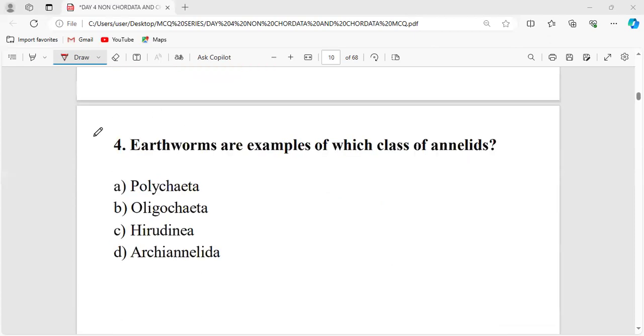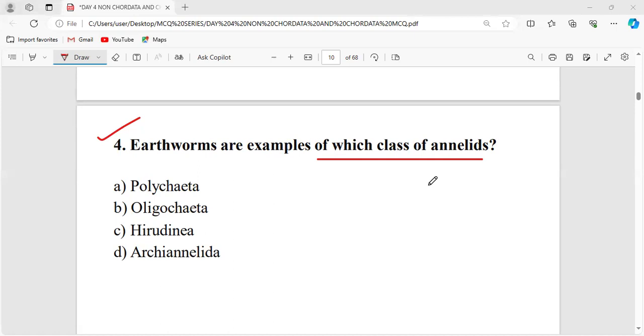Now, earthworms are examples of which class of annelids? Polychaeta, Oligochaeta, Hirudinea, Archiannelida. What is that? Oligochaeta. Very good.